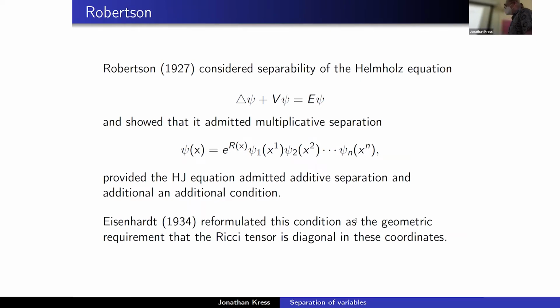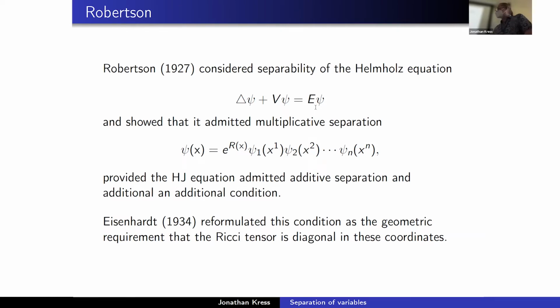looked at separation of variables for the Helmholtz equation, and of course the Helmholtz equation uses the Laplacian for the metric. So this is in some sense the natural second order differential operator on a Riemannian manifold, and this equation is obviously well known.